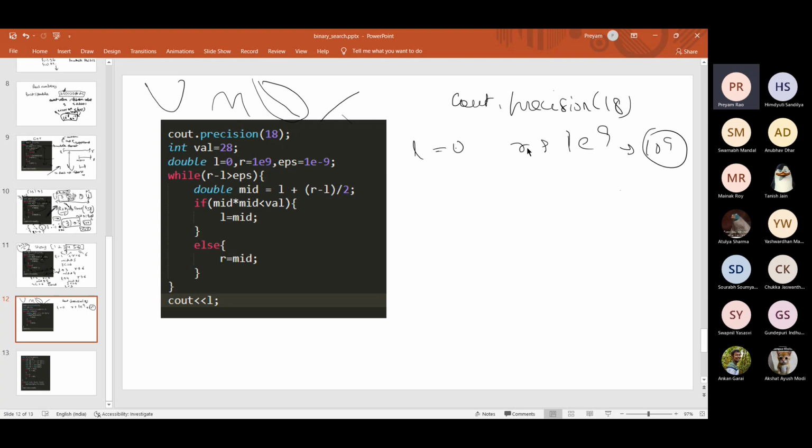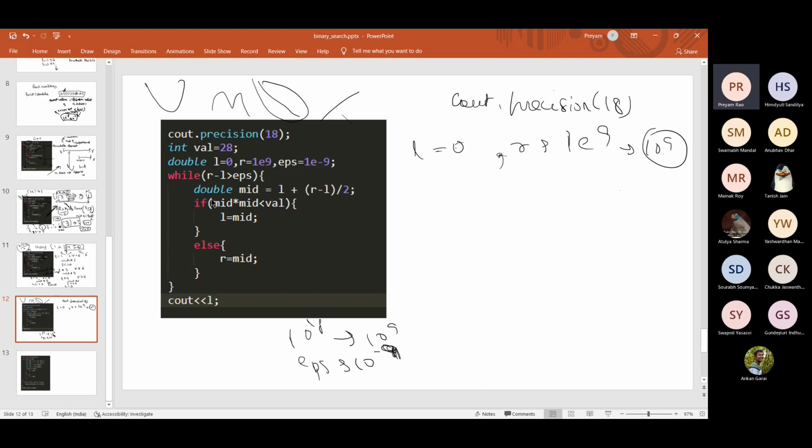The number can be as large as 10 power 18, whose square root can be 10 power 9. That's why I've taken the bounds as L equal to 0 and R equal to 10 power 9. Epsilon I've taken as 10 power minus 9. Generally, this would be given by the problem, as in how much error it's fine to handle.